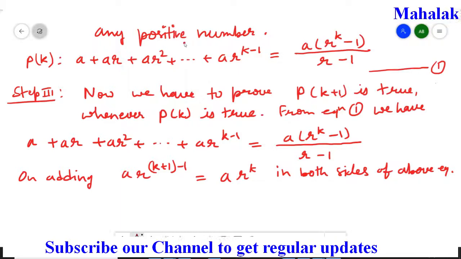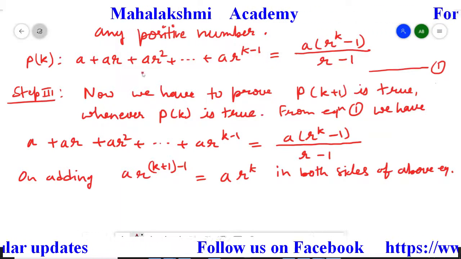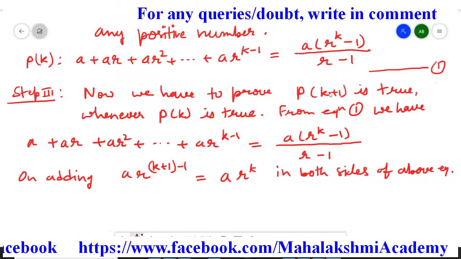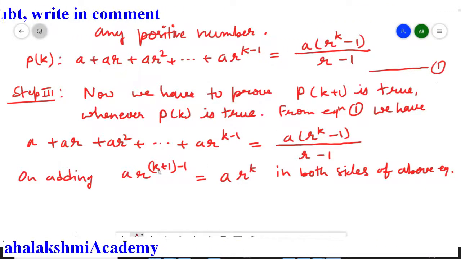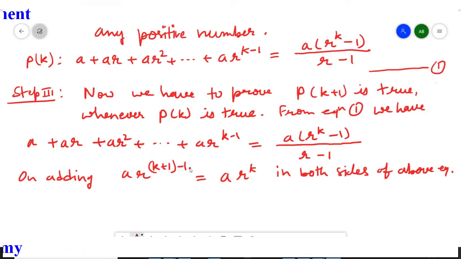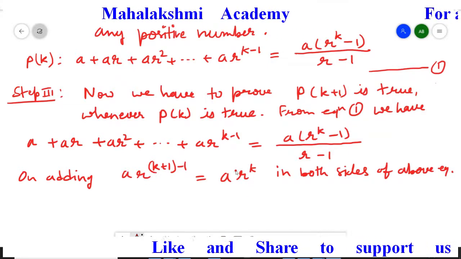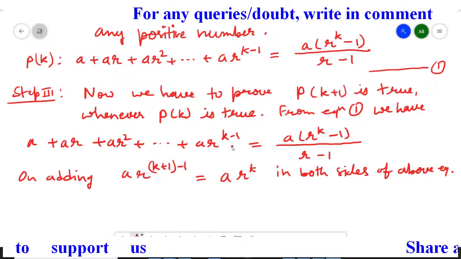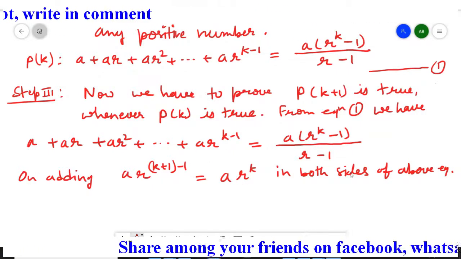If you have k, then we have a multiplied by r to the power k minus 1, so whatever is there, k minus 1, you have to do. If we are going to have k plus 1, then we have to do k plus 1 minus 1, in the same way. When we open the bracket, plus 1 and minus 1 cancel each other, and we remain with only r to the power k. So this term is going to be the last term of the left hand side in the P(k+1) statement. We need it, so we add this term on both sides so that the equation is balanced.